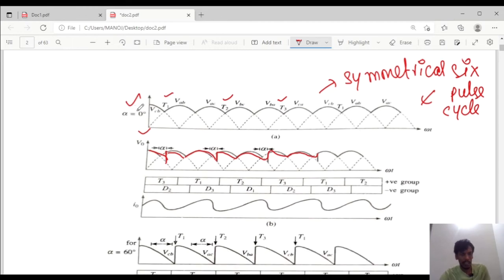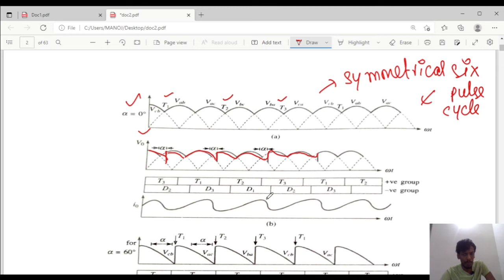So this is for alpha equal to 0 degrees. We have triggered T1. T1 will conduct, as we considered, from 30 degrees to 150 degrees. After that T2 will conduct from 150 degrees to 270 degrees, and T3 will conduct from 270 degrees to 390 degrees. Again thyristor T1 continues to conduct. So this is the alpha equal to 0 degrees waveform.